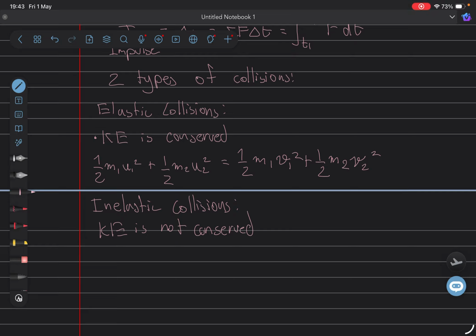The energy is lost as heat, sound, or deformation. In the ideal case, a perfectly inelastic collision, the objects stick together after the collision, because this allows the maximum kinetic energy loss.